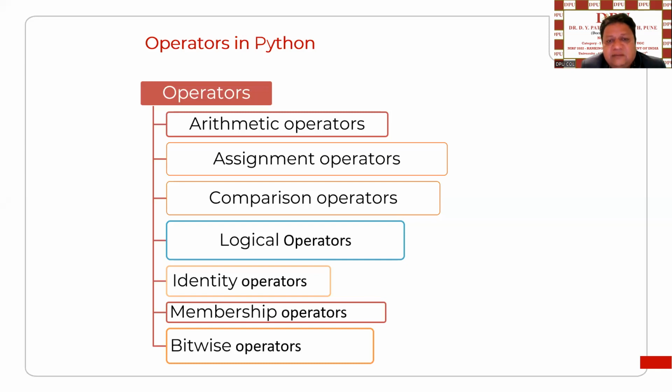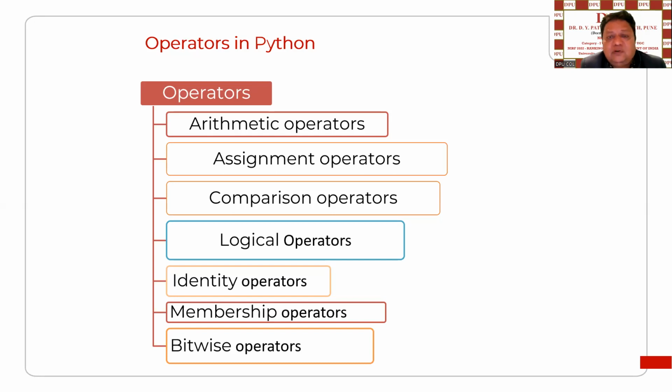Then the next category is the comparison operator. If you want to compare two numbers for equality, non-equality, greater than, less than, greater than or equal to, or less than or equal to, then we have to use the relational, or comparison, operators.